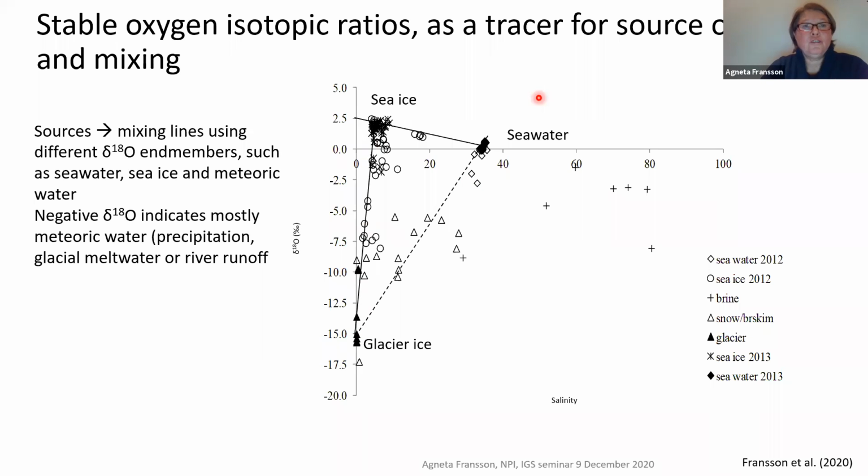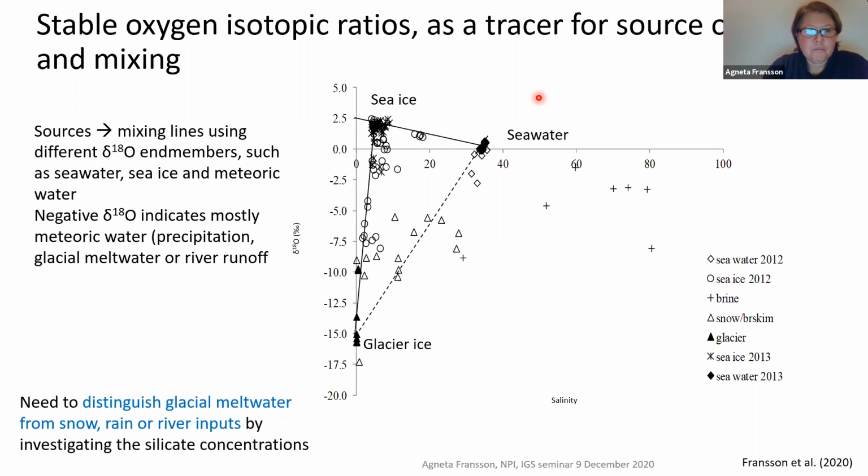So the negative oxygen-18 indicates mostly meteoric water: precipitation, glacier meltwater, or river runoff. And we need to distinguish glacier meltwater from snow, rain, or river inputs. But in Tempelfjorden, we don't have so much river input in the inner parts of the fjord.